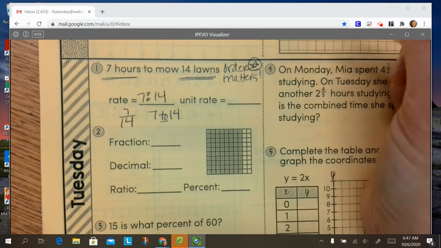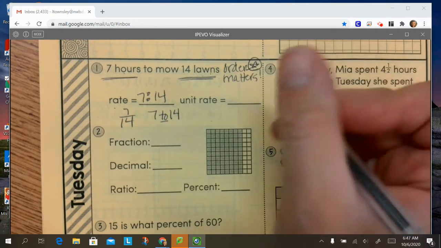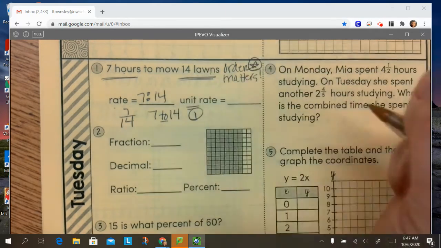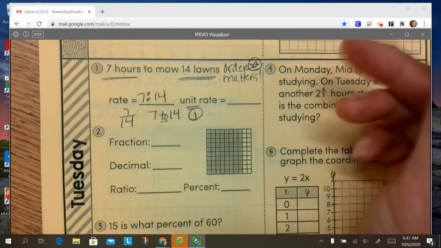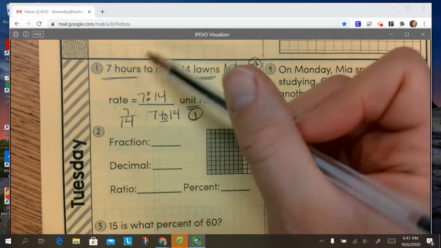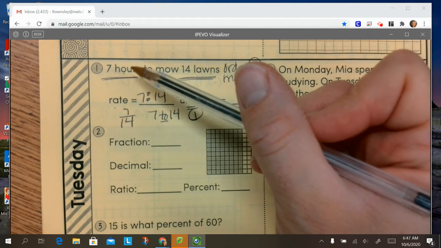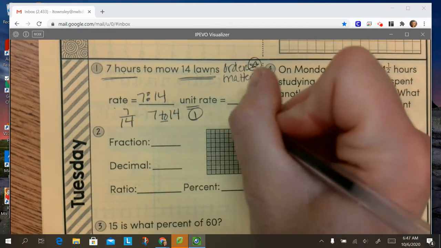All right, now the unit rate is what we need to think of when we think of 1. So unit means 1. So whatever it is, we need to get to 1, or as small as we can. So if you have 7 hours and 14 lawns, you want to use division because you want to get to 1.